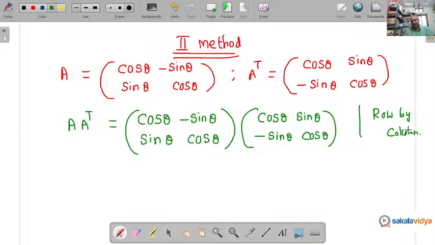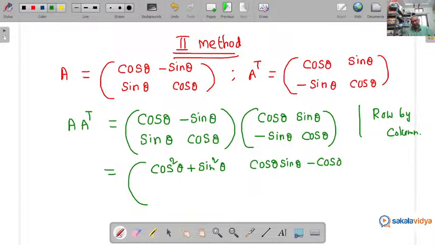First row, first column: cos theta minus sin theta into cos theta minus sin theta. Cos theta into cos theta gives cos square theta, minus sin theta into minus sin theta gives plus sin square theta. Clear? Now first row, second column: cos theta sin theta and minus sin theta cos theta, so minus cos theta sin theta.